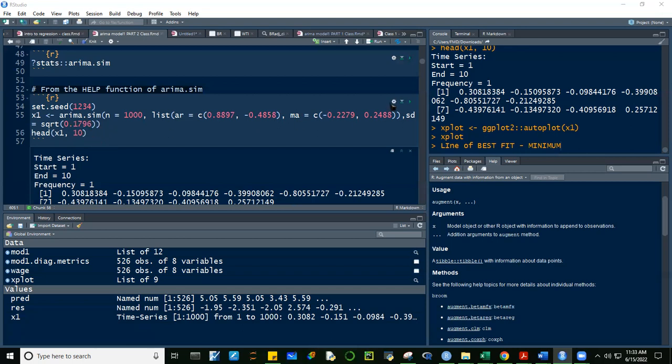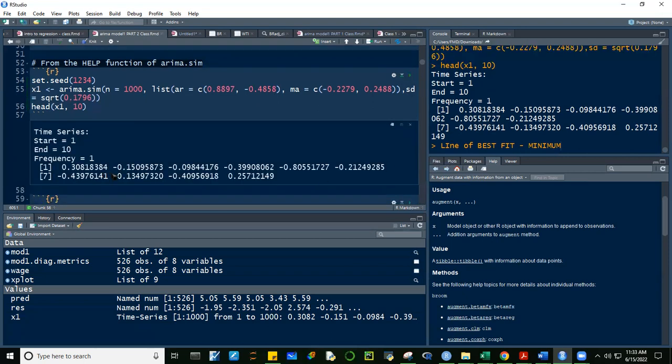Okay, so if we run this, guys, very quick lang. So we should have the first 10 values dito. Head ng 10. So we should have the same values kasi nag-set tayo ng seed. That's the beauty of the random generator, na sinet natin yung a certain seed so that we have the same values.